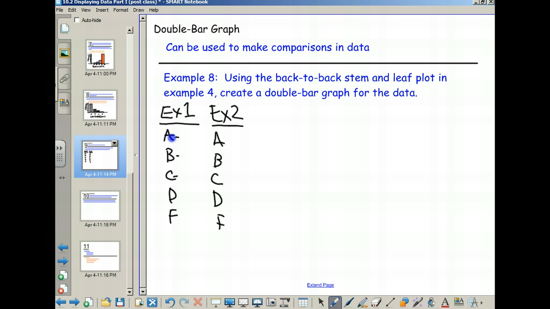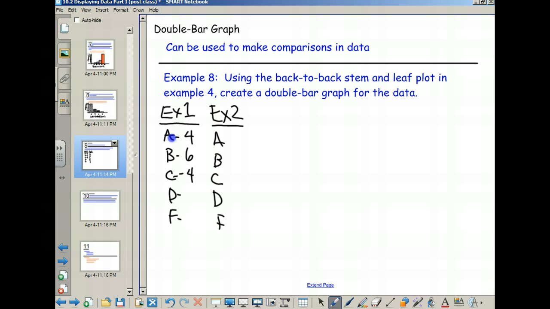So looking at them, I want to just write down what we have. From the stem and leaf plot, or from the tally, from exam 1, it looks like I had 4 A's. 94, 90, 94, and 90, so there's 4 A's for exam 1. I had 6 B's. There were 4 C's.